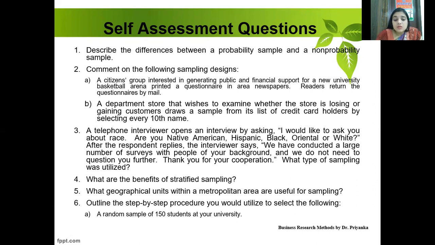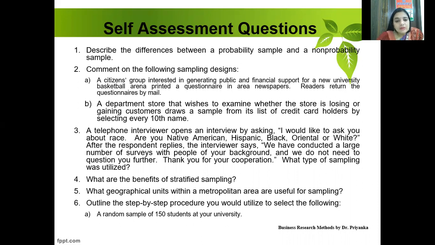Those most interested in basketball or those most opposed to the financial program will be most likely to support the questionnaire and return it. This method of self-selection will probably cause the sample to be biased toward the two extreme groups. Yes, it happens. One would be overrepresented and another one would be underrepresented. So it is not actually the right way to go and collect the data for both the things.